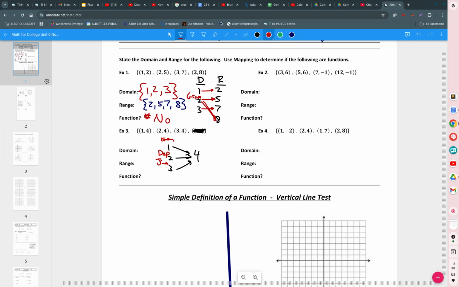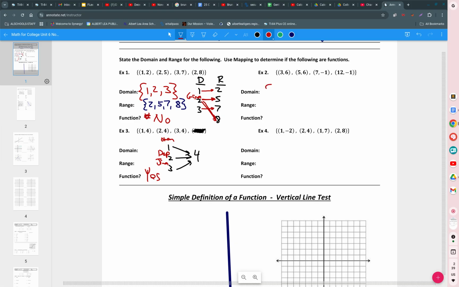It's not whether or not the left and right are uneven in terms of the number of terms. It's that they all correspond to just one spot. That one goes to one spot, that goes to one, that goes to one. Function, yes. This one, 2 goes to 2 different spots. Can't happen. So you can never have a domain value where you have more than one arrow going away from it.